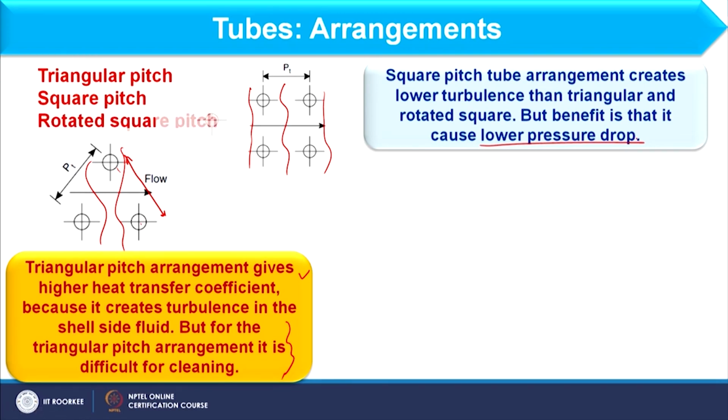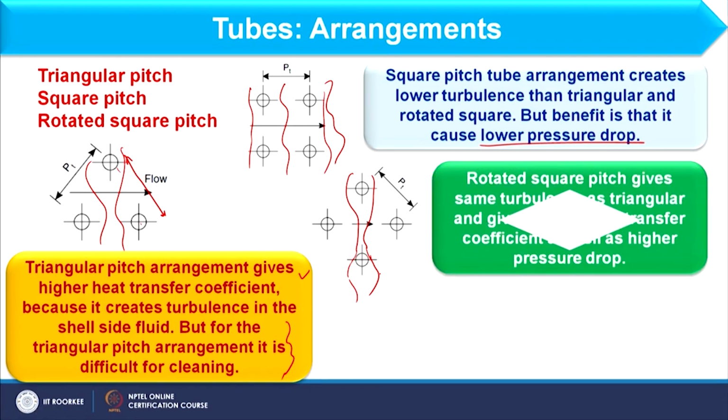And next we have the rotated square pitch. So, if I rotate this arrangement, it is basically called as rotated square pitch. So, when the fluid is falling over here, it is again spread over this tube and then it will fall like this, fine. So, what is the meaning of that? It is basically creating more turbulence in comparison to a square pitch.